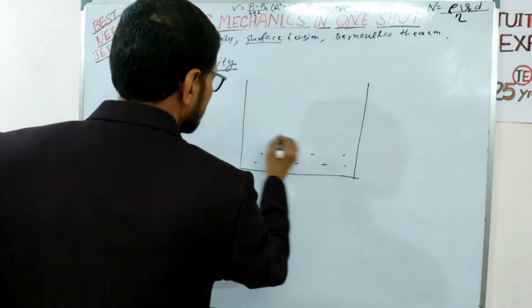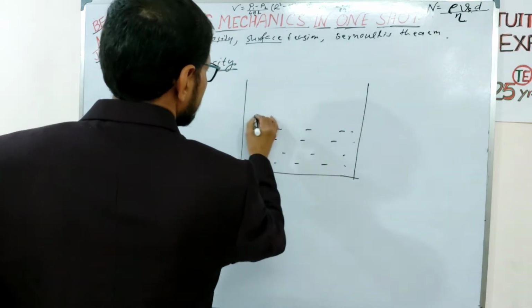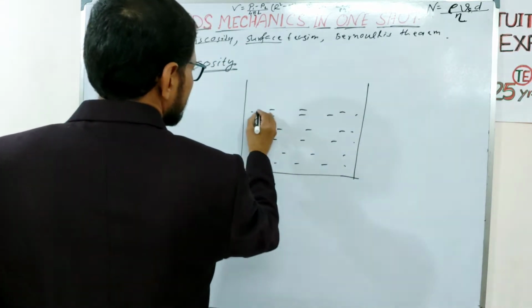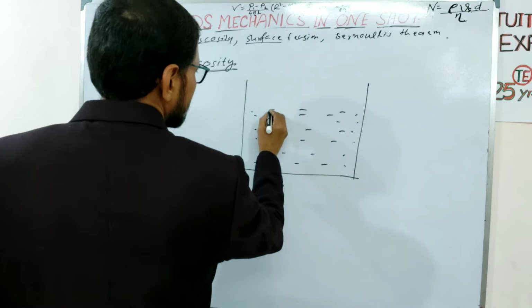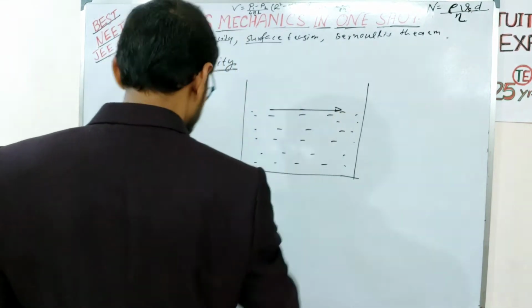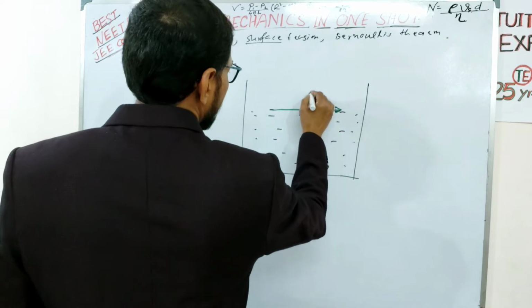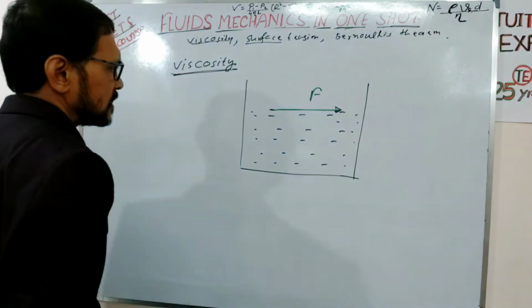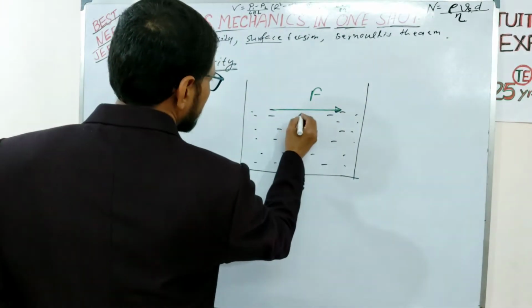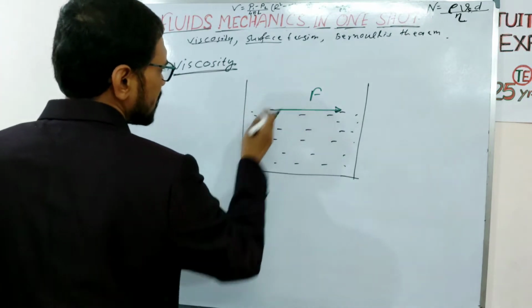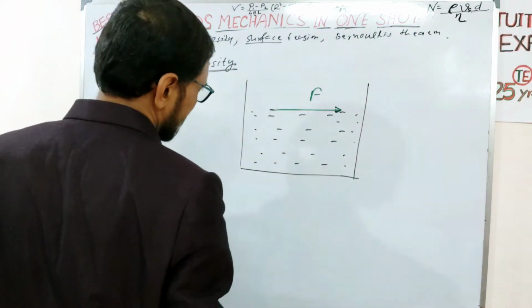Suppose a liquid is contained in a container. Now an external force is applied on the surface of the liquid, so that every liquid layer opposes the motion of the surface layer.